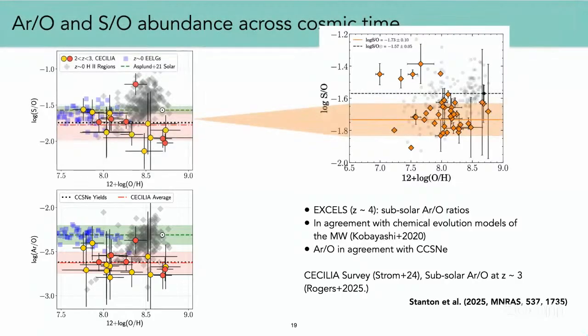So now with the sample of Cecilia with Rogers, you can see again, this is CLASSY, these subsolar abundances. And then we have the other galaxies at redshift 2-3 for this sample of Cecilia. So we can see these subsolar values, even more than the CLASSY sample. So this means again that possibly sulfur and argon are also produced by other mechanisms like Type Ia supernovae, but it's still not clear given all the uncertainties that we have with the ICFs.